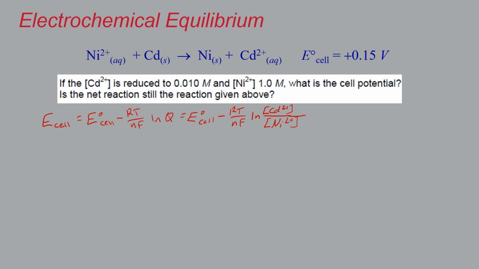And so here we can actually plug in some numbers. So the cell potential is going to be equal to the standard cell potential, which we determined was a positive 0.15 volts, minus, and the R is going to be 8.314 joules per mole per Kelvin. Temperature, I didn't explicitly say it. When that's the case, you can assume that it's going to be 298 Kelvin.